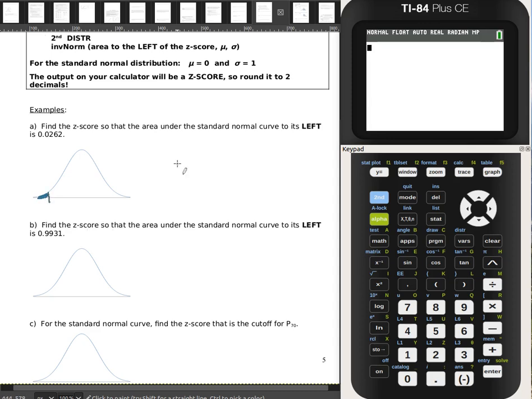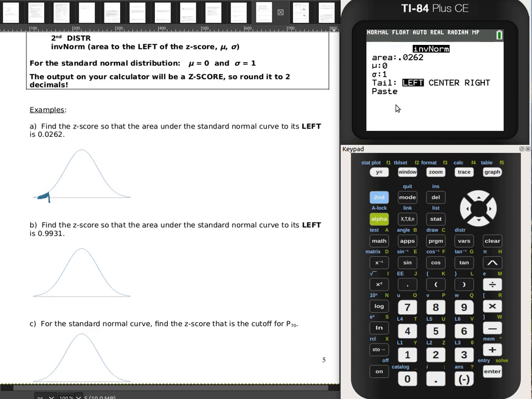What number goes here? So what we will do is go to the distributions menu again. We want to use this time number 3, which is the inverse normal. The area we're looking for is 0.0262. We have the mean, we have the standard deviation, and we want that tail to be on the left side.